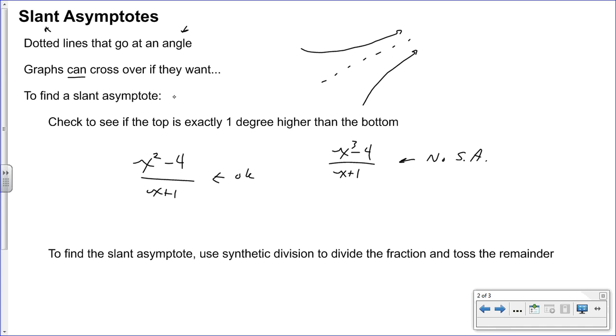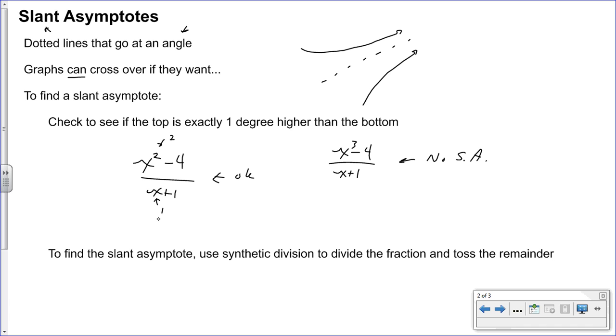To find a slant asymptote, you want to check your rational function to see if the degree of the top is exactly one higher than the degree of the bottom. Like in this function, x squared minus 4 over x plus 1, the degree of the top is 2, the degree of the bottom is 1.